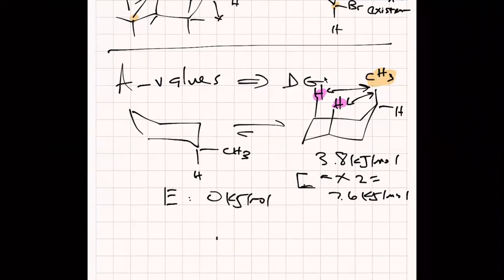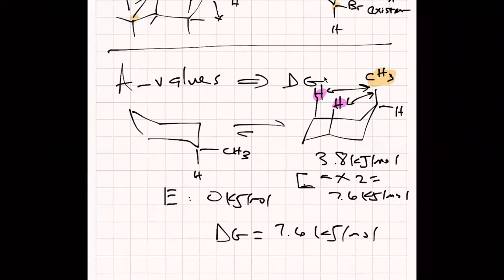So your delta G for that would be 7.6 kilojoules per mole, or you can use kilocalories. You would just divide the kilojoules by 4.184. So let me do that real quick.